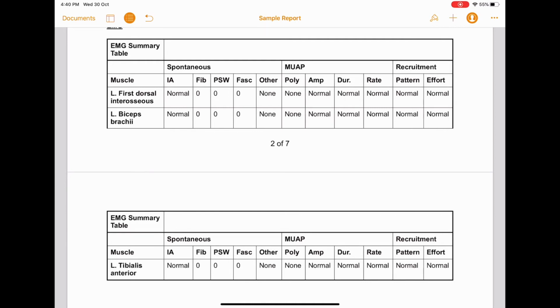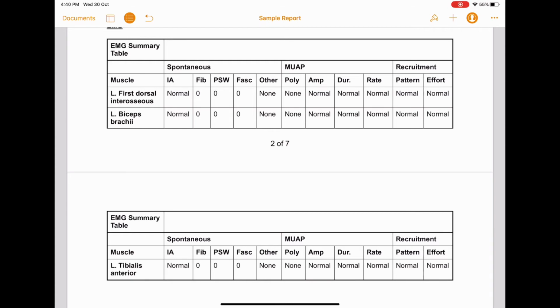Number one, you look at what you are seeing in the muscle at rest. You are just inserting the needle, you will see the insertional activity, which is designated as IA here. You see how the insertional activity looks. The normal is usually less than 300 milliseconds. If it is less than 300 milliseconds, it is normal.